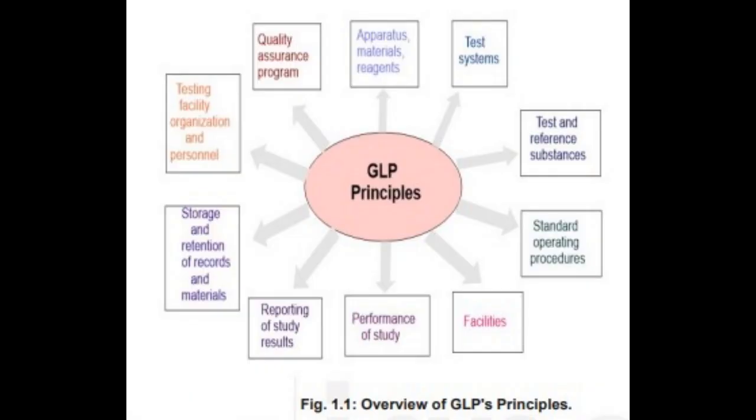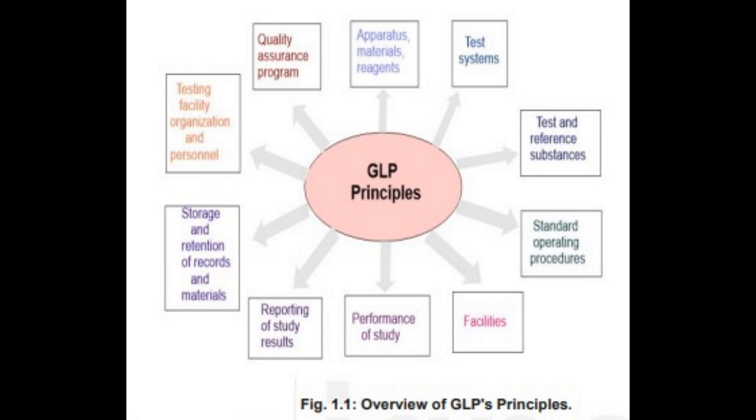The GLP regulation also provides enough information in detail about the test facility management, organization and personnel, quality assurance program, facilities of test system, waste disposal, apparatus, material and reagents, physical, chemical, biological test systems, receipt, handling, sampling and storage and characterization of the test and reference items.